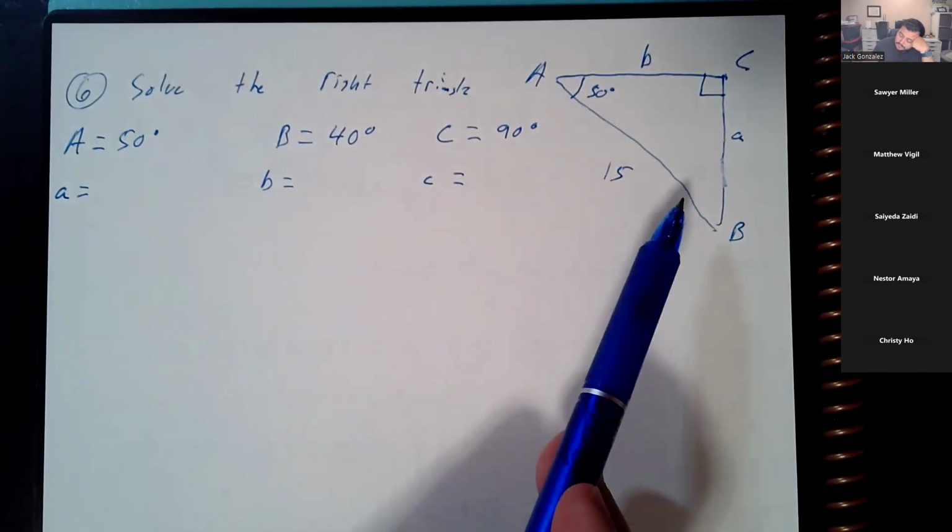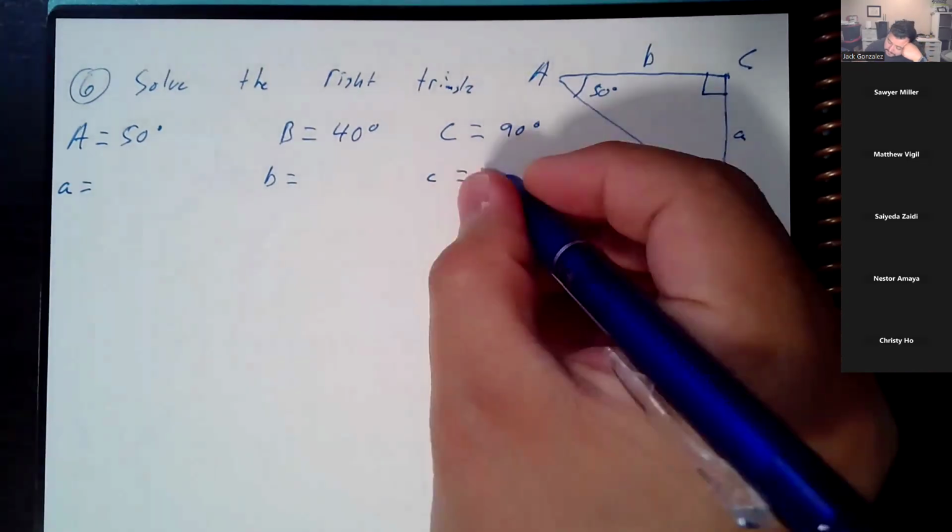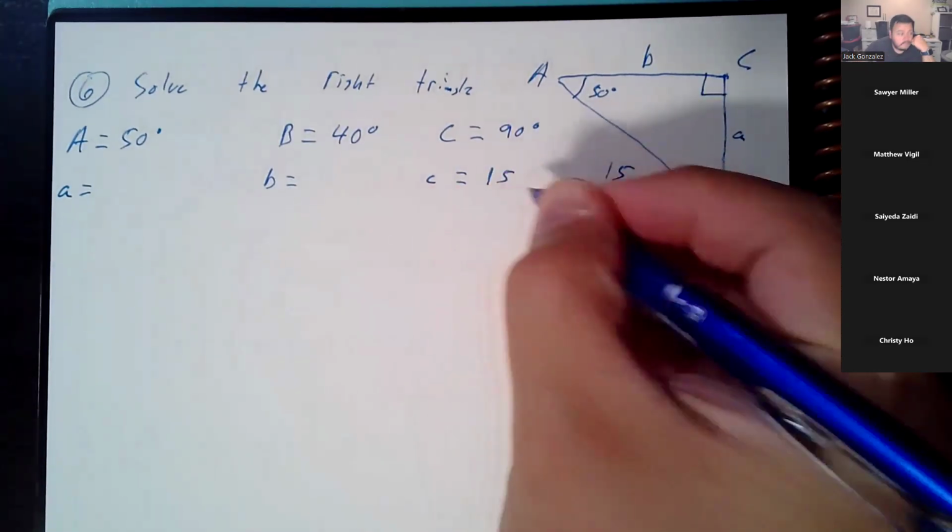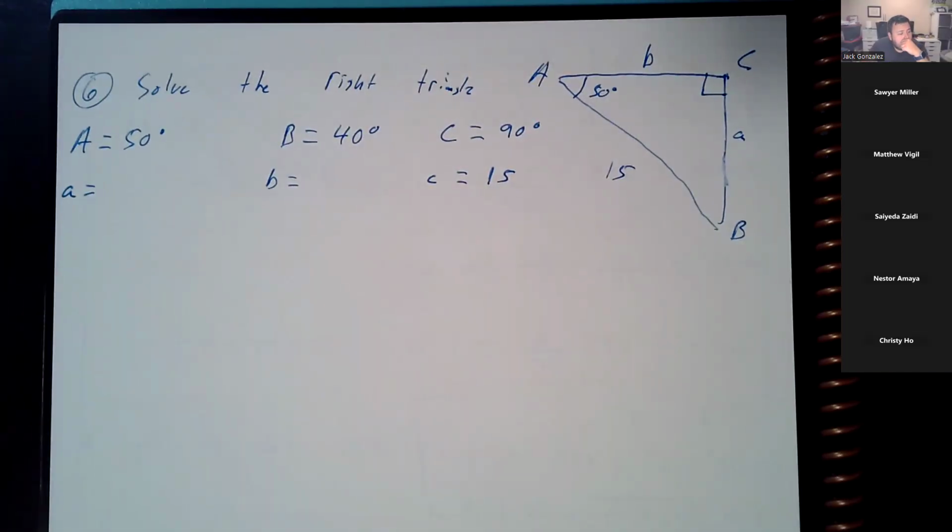We have little c. If I want to find lowercase b, how would you set this up? The hypotenuse is 15.